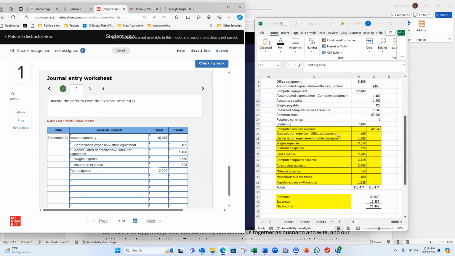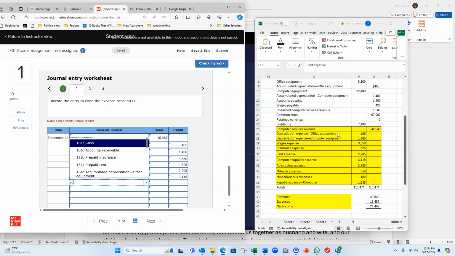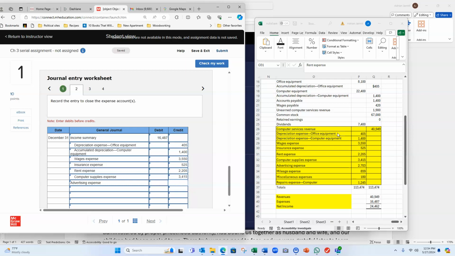Oops. We're doing supplies expense $3,415. Advertising expense $2,703. Mileage for $859.